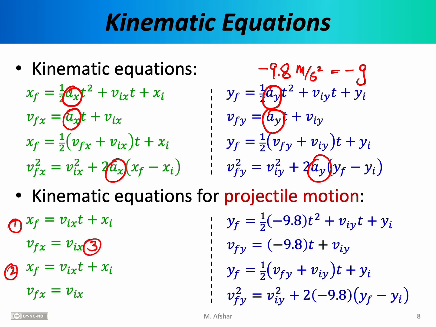Similarly, equation 3 and equation 4 here are identical. So the result of setting the x acceleration equal to 0 is that some of these equations become redundant. The end result is a set of 6 equations that tell us precisely how a projectile will reach its maximum height, how it will reach its range, and it also allows us to calculate things like the time of flight.